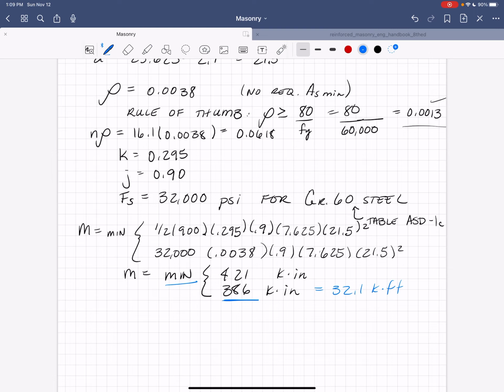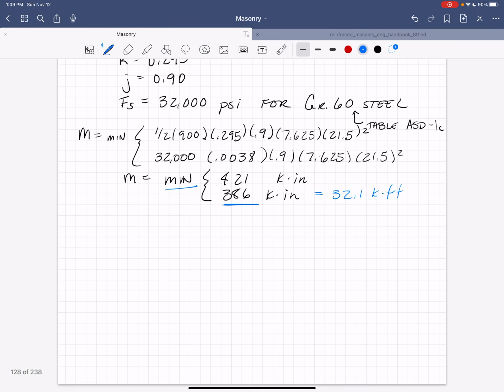So we can go back and look at that for flexure. So I get 32.1 is the capacity, which is greater than 21.6, which is the demand. So it's okay for flexure. Okay.